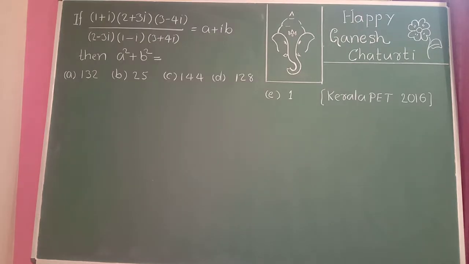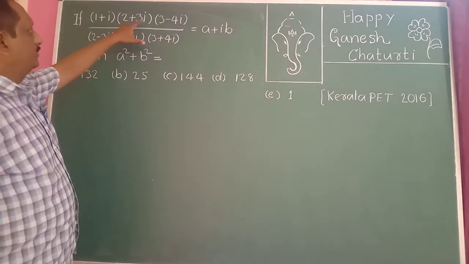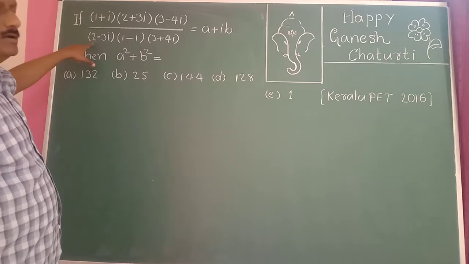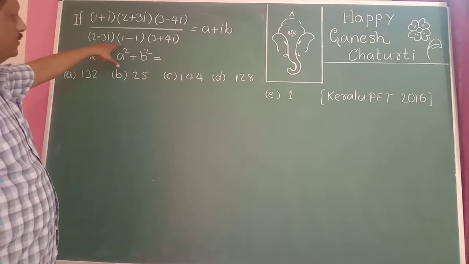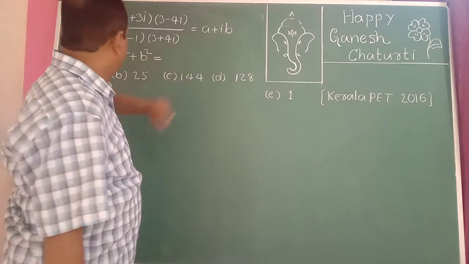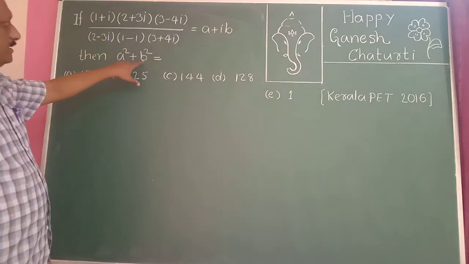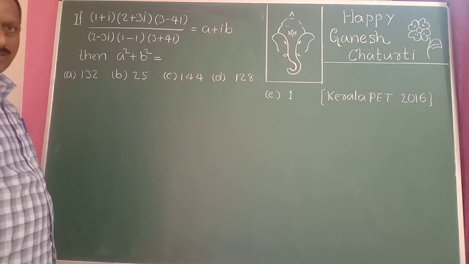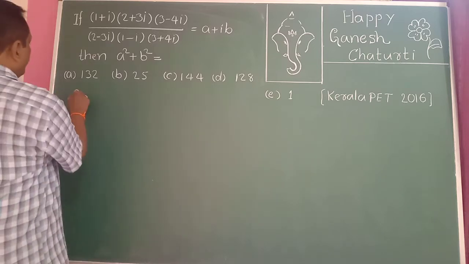In this case they gave: 1 plus i into 2 plus 3i into 3 minus 4i, divided by 2 minus 3i into 1 minus i into 3 plus 4i, is equal to a plus i into b. Then find a square plus b square. So here take modulus on both sides.